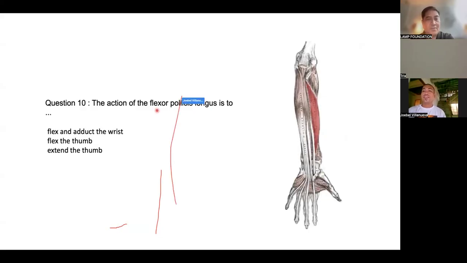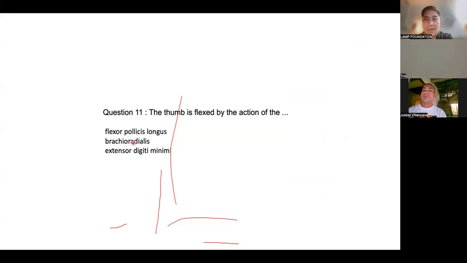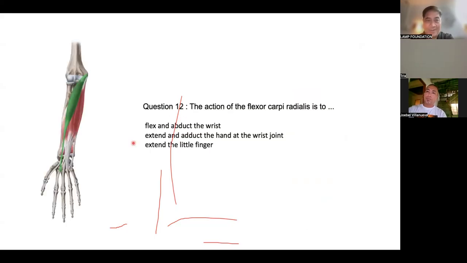Flex the thumb. The thumb is flexed by the action of the flexor pollicis longus. The action of the flexor carpi radialis is to flex and abduct the wrist.